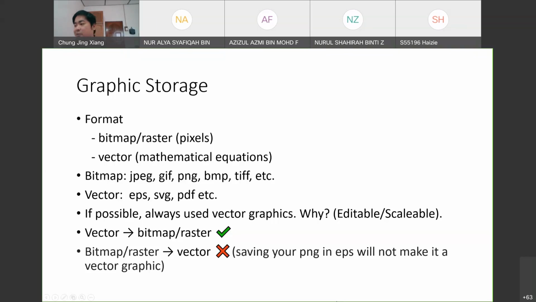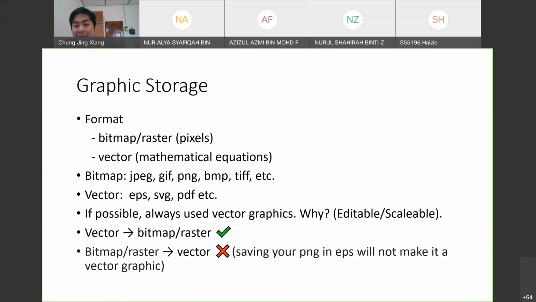Okay, the reason is because if you store your graphic in vector, you can edit it later. Let's say you make a spelling mistake in your figure. You can easily just edit it with the correct software. For example, you can use Adobe Reader for PDF, or Adobe Illustrator for EPS, or even Inkscape, or even some software used by Mac people. So if you have a vector graphic, you can fix some small mistakes.